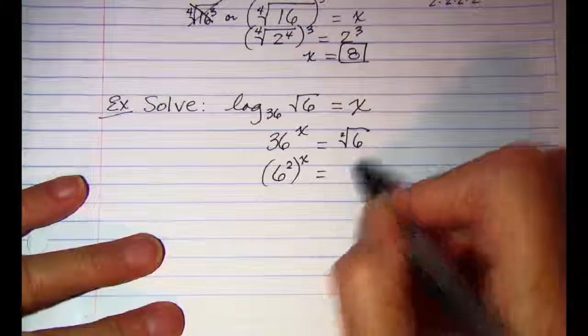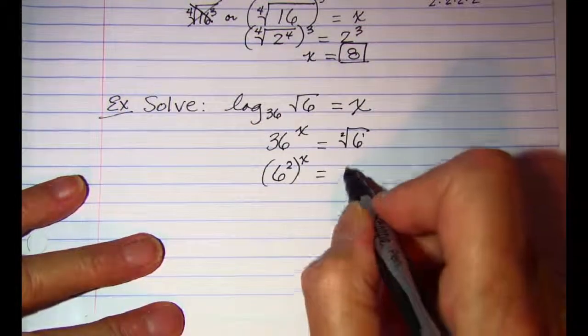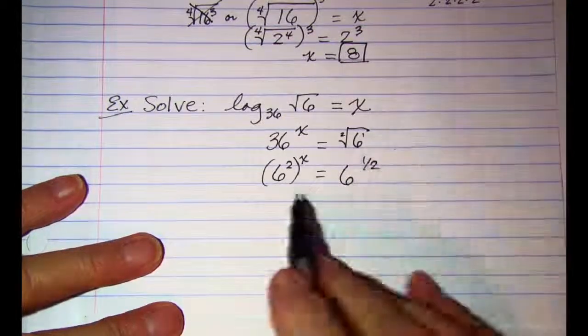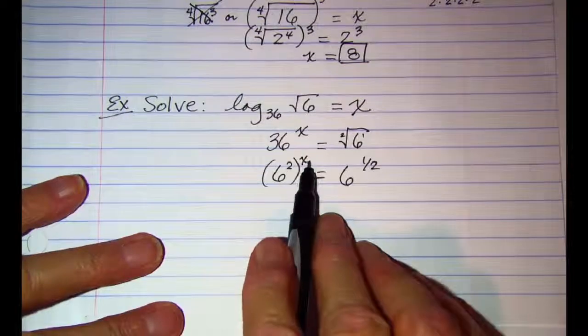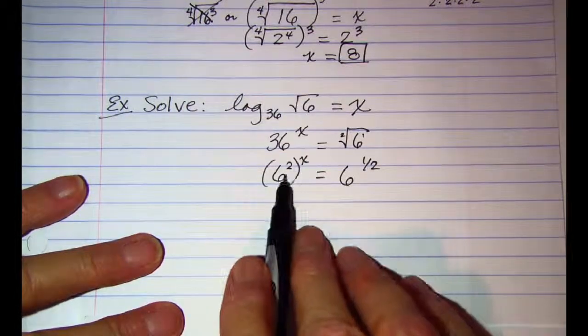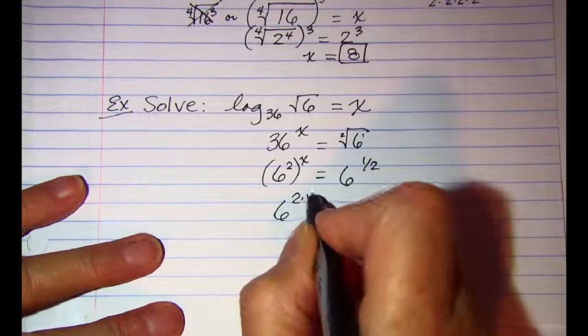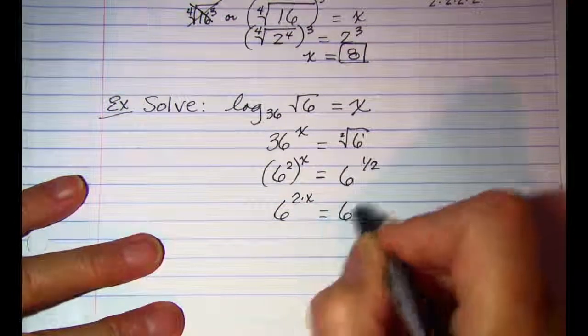So this is the same as 6 to the 1/2 power. Whenever we have a power to a power, we multiply those exponents. So 6 to the 2 times x is equal to 6 to the 1/2.